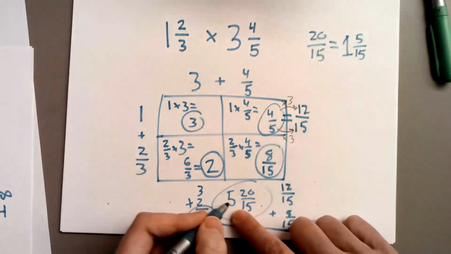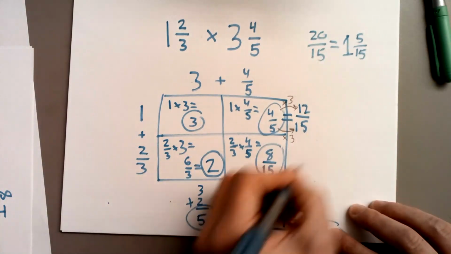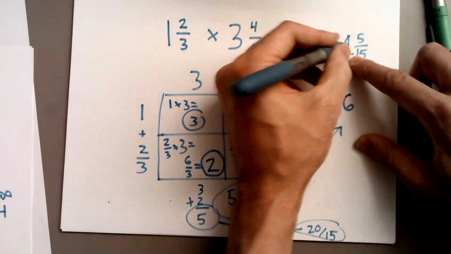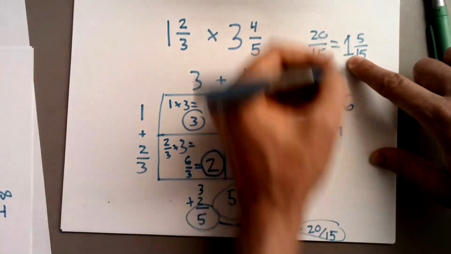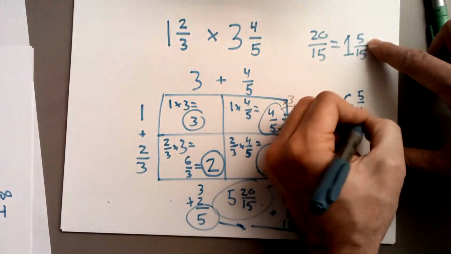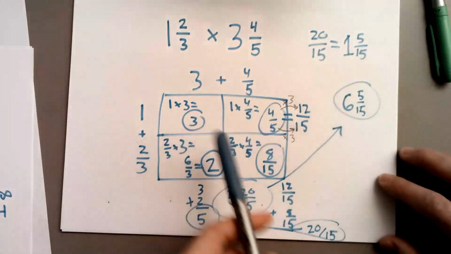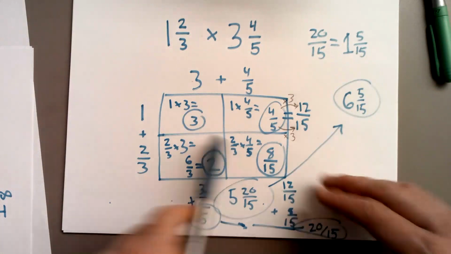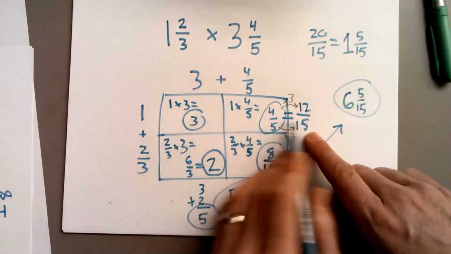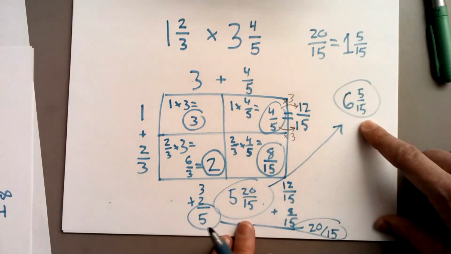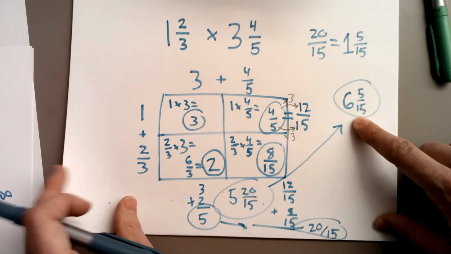So that 5 and 20/15, I'm going to turn that into 6 because I'm adding that 1 whole to the 5 wholes. So it's actually 6 and then 5/15 left over. So with method 1, there is a lot of math that you need to do to find equivalent fractions and then finally get to your final answer, which is a mixed number of 6 and 5/15.